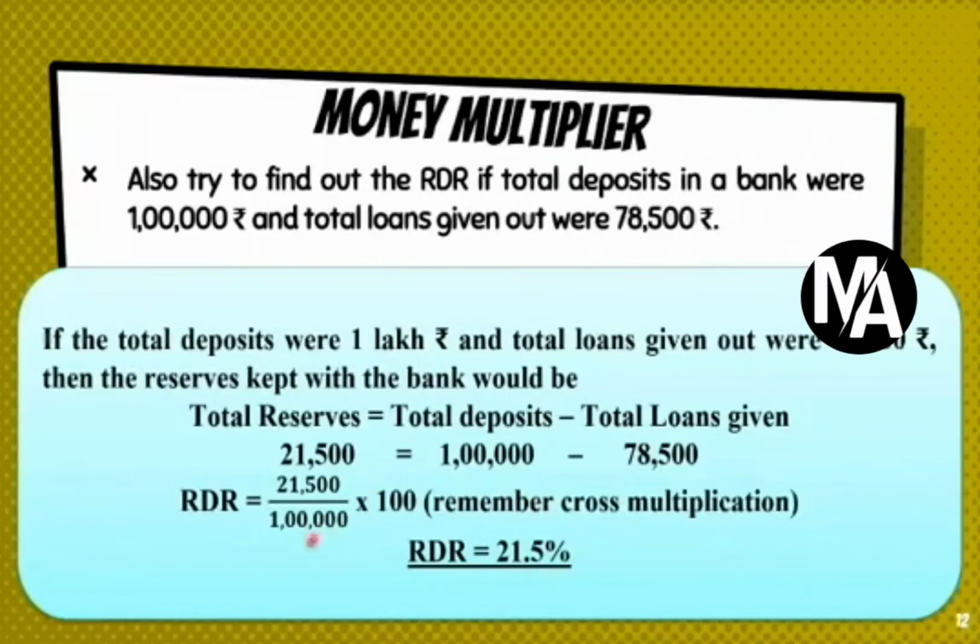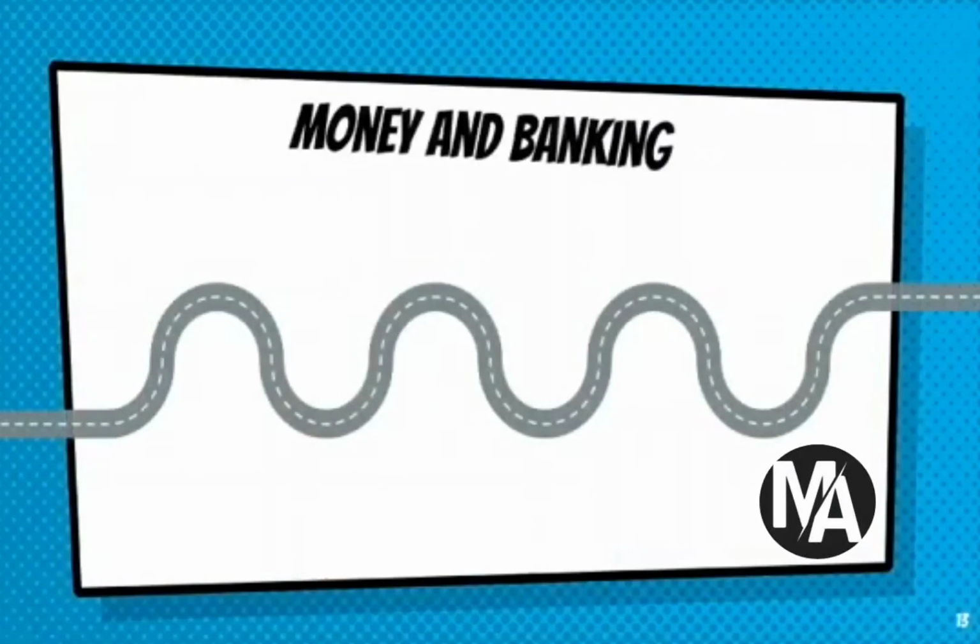So if out of 1 lakh, 21,500 is kept as reserves, out of 100, how much is kept as reserve? And by doing the cross multiplication, we will get the answer 21.5%. So this is the reserve deposit ratio, which is used to keep reserves, so the remaining amount will be given out as loan. With this, we come to the end of this video.